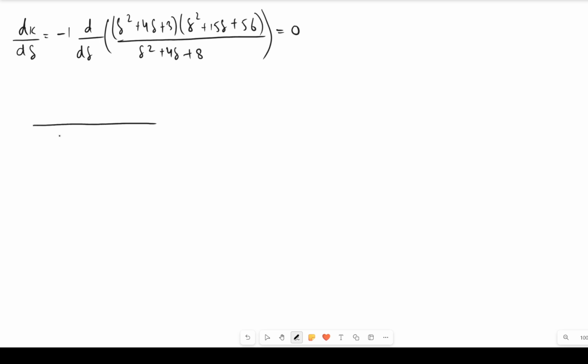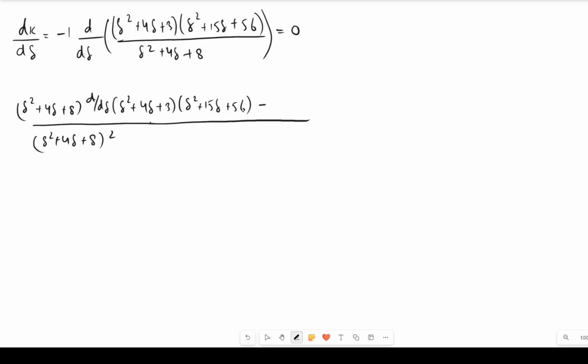We'll take the square of the denominator by applying the quotient rule of derivative. So we take the square, we write the denominator as is, we take the derivative of the numerator, subtraction, we take the derivative of the denominator, 2 sigma plus 4, and we write this whole thing as it is.